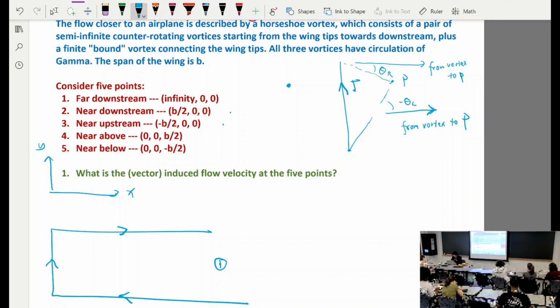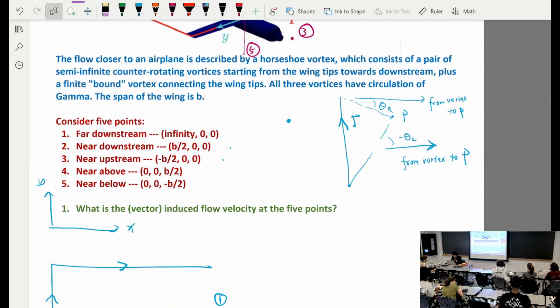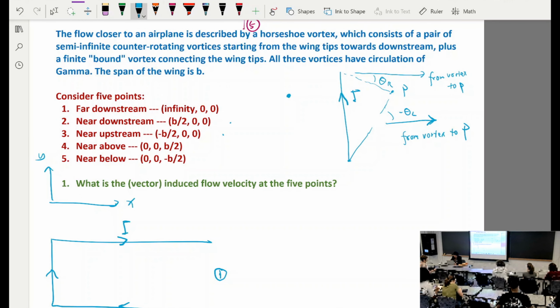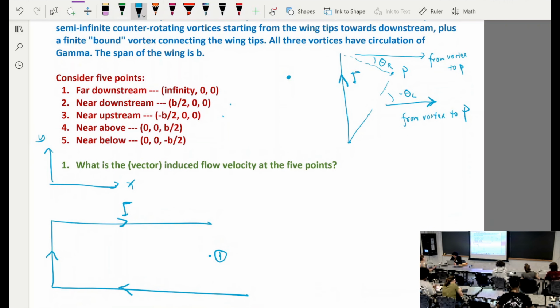So first of all, let's just look at our formula again. Gamma is the strength of these vortices. There is nothing we can argue about that. And what is x? X for the two trailing vortices are both half b, right? That's the distance between the observation point and the nearest point on the infinite extension of these two vortices.